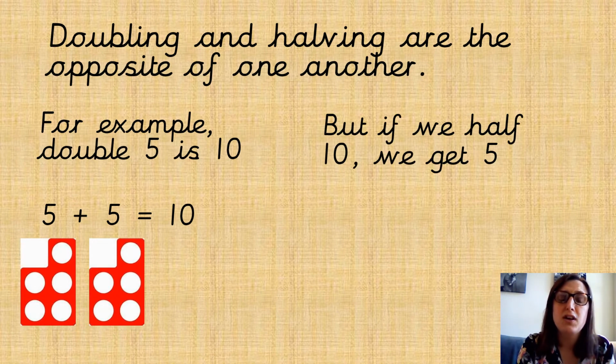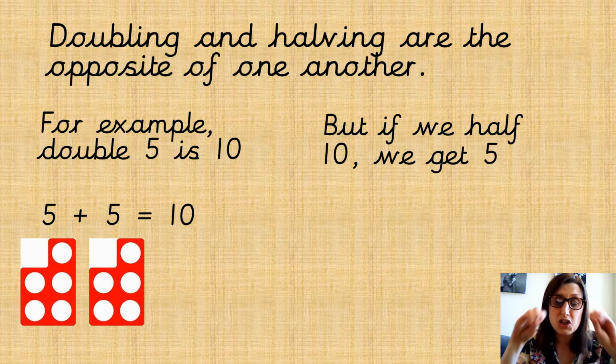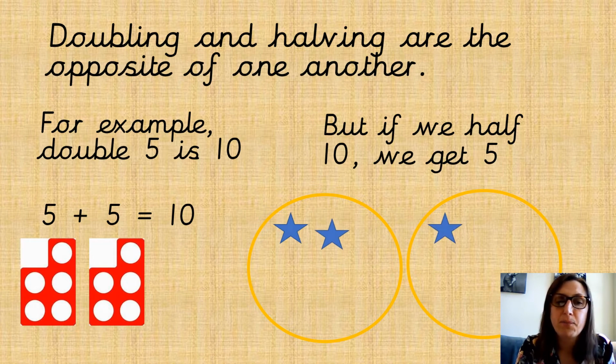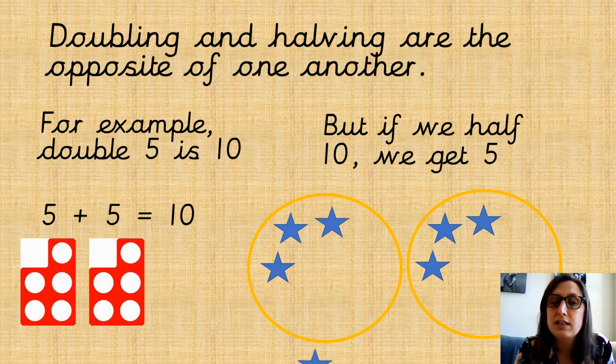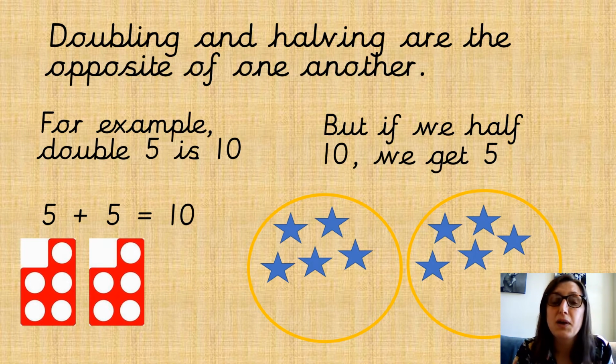So double 5 is 10, but if we half the number 10, so if we take 10 and share it equally into two groups, we get 1, 2, 3, 4, 5, 6, 7, 8, 9, 10. So if we half the number 10 into two equal groups, we get 5.